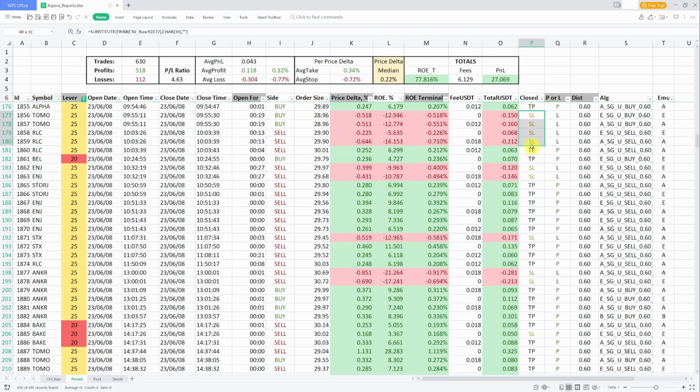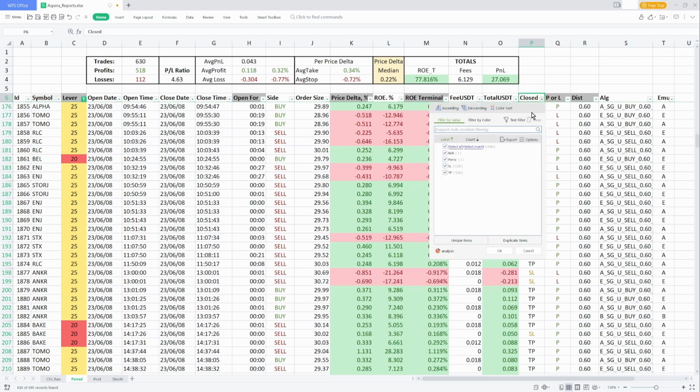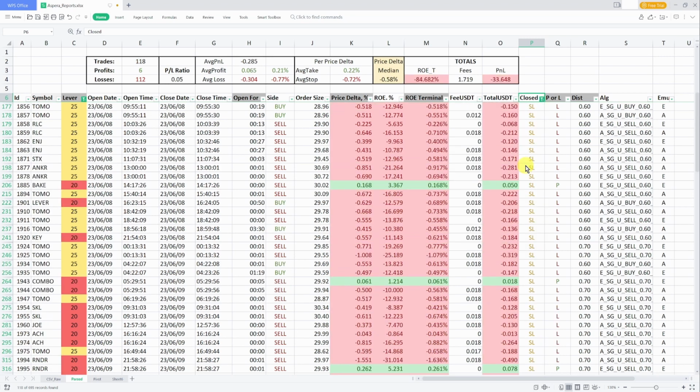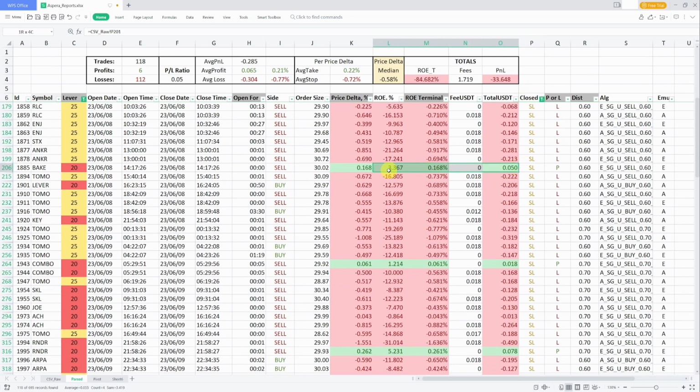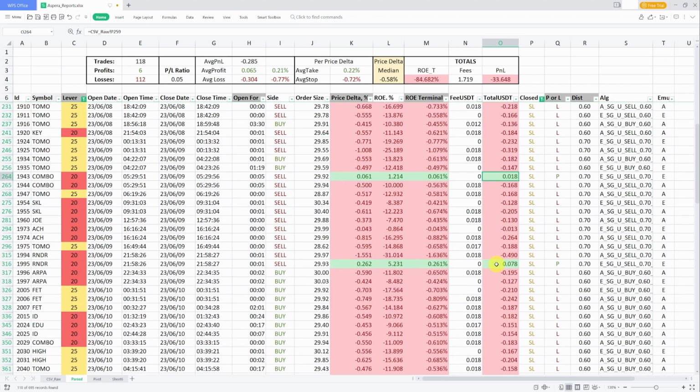Because we already have stuff here that kind of shows you whether it's a profit or a loss, but check this out. If we were to go and filter only for stop loss, we surprisingly see that some of the stop losses have actually gained us money. 5 cents here, 2 cents here.